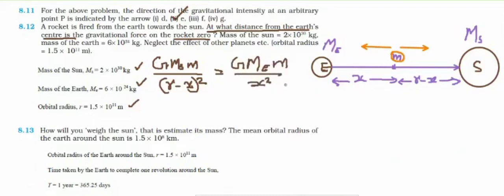Now G, small m, etc. will be cancelled. You can cross multiply the equation, simplify, and you can find the value of x. Rest of the quantities are given there. Find the value of x, then you will get the distance between the null point, where the net gravitational force on the rocket is 0, and the center of Earth.